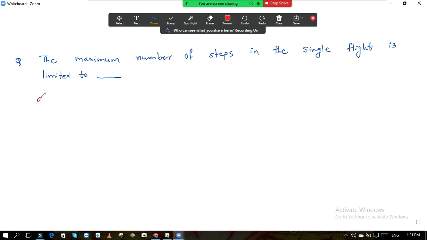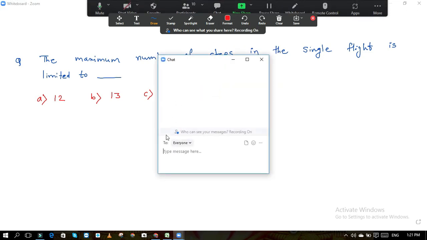Your option A is 12, option B is 13, C is 10 and D is 11. So give the answer of this question.